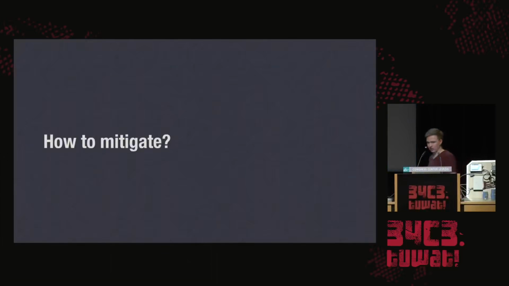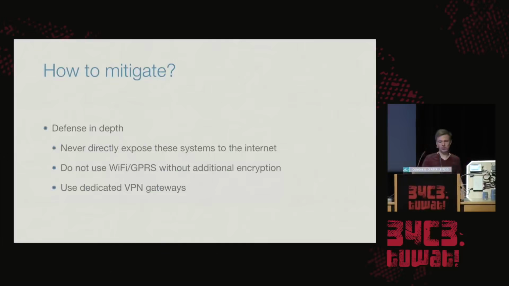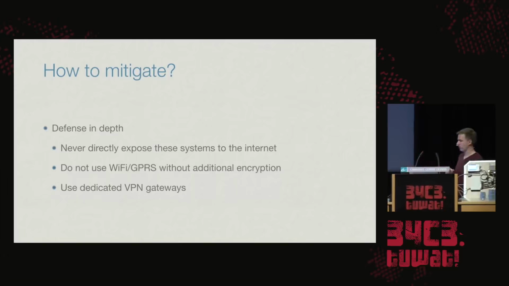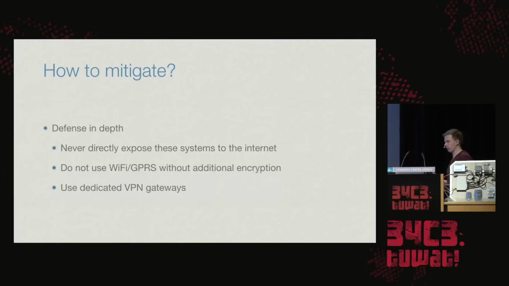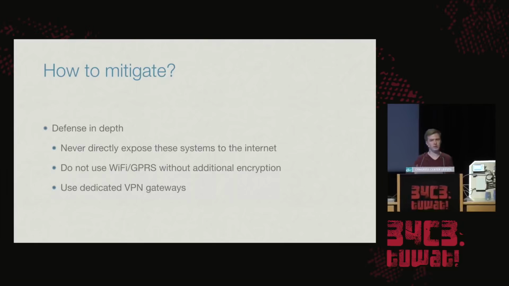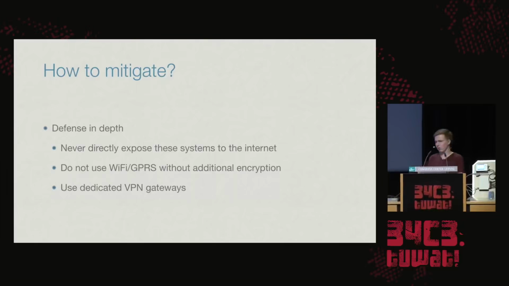So, how to mitigate? Well, the only way that I would see to mitigate against this, and I'm more on the destructive side of the story, is defense in depth. So never directly expose any of these devices to the internet. Even if they say they support VPN, even if they say they are a secure device server, whatever, just don't do it. Get a real VPN gateway and make sure that you never rely on a single level of, for example, encryption.